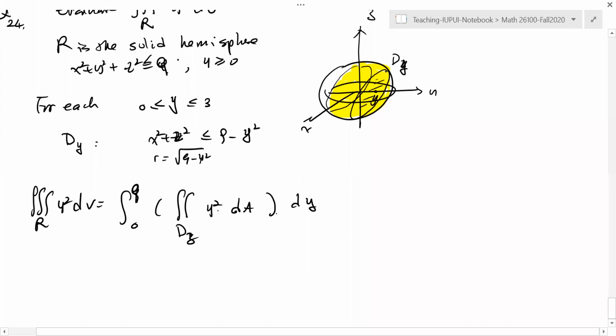Now the good part is y is independent of dx dz. So this is just the integral with respect to dx dz, right? So y is a constant. We fixed it here, so you can take y out.